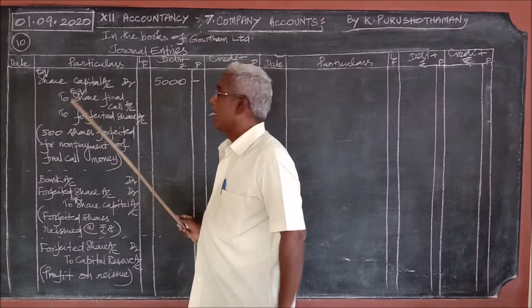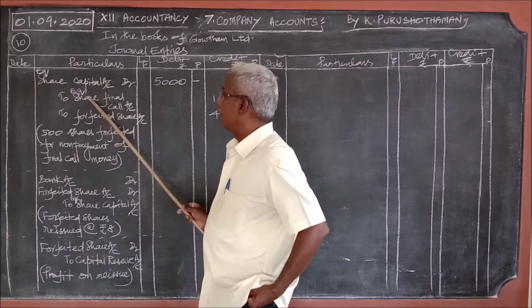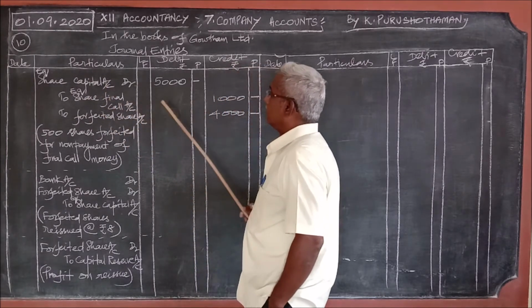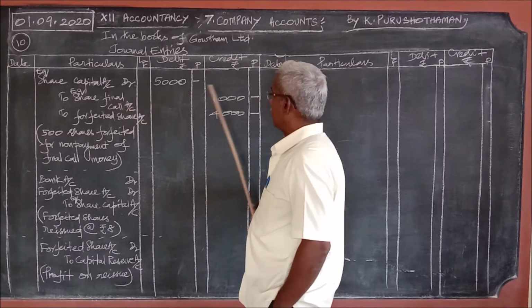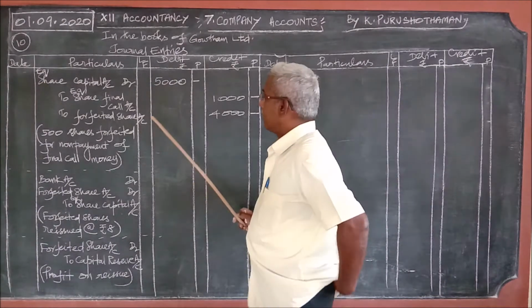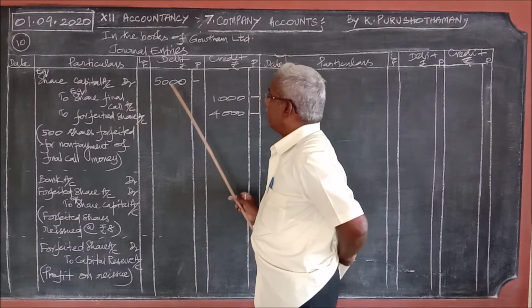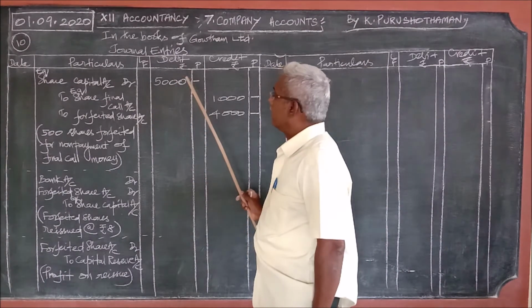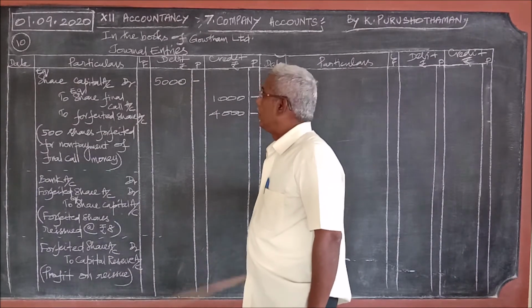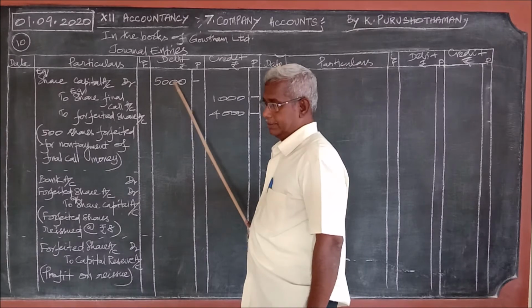For 500 shares, final call money at the rate of ₹2 was not paid. So this is share final call account, 500 into 2, 1,000. But for the same 500 shares, 500 into 10, 5,000.